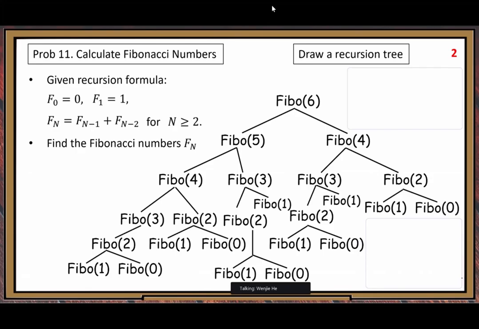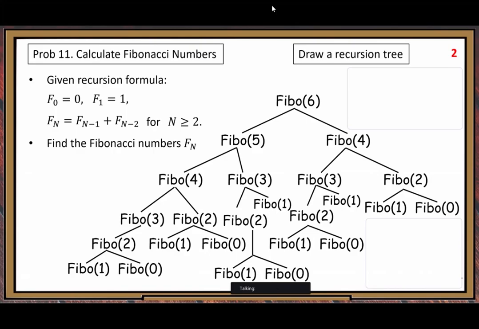That's the whole tree. After we reach the bottom of the tree, we get the values of Fibo of 1 and Fibo of 0. These are the two base cases, so we can stop. Then we can go backward, bottom up, and do the calculation. At the end, we find Fibo of 6. That's the typical process inside computer memory for the implementation.